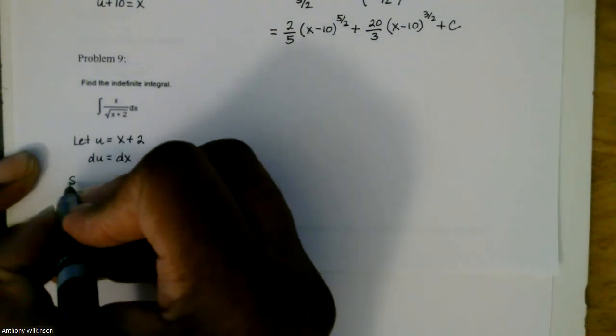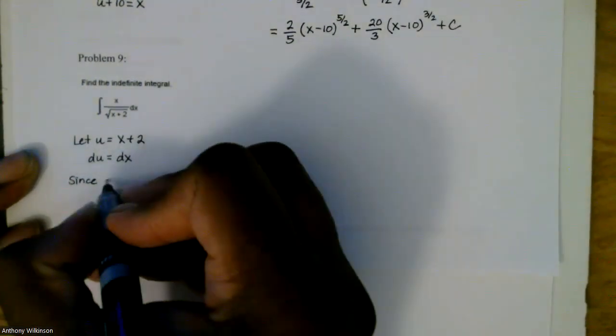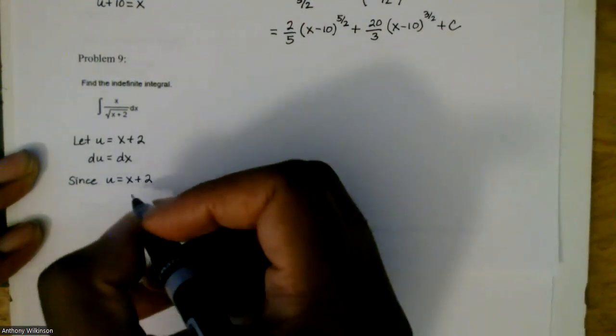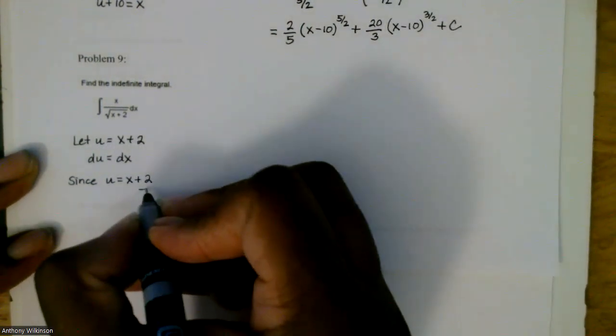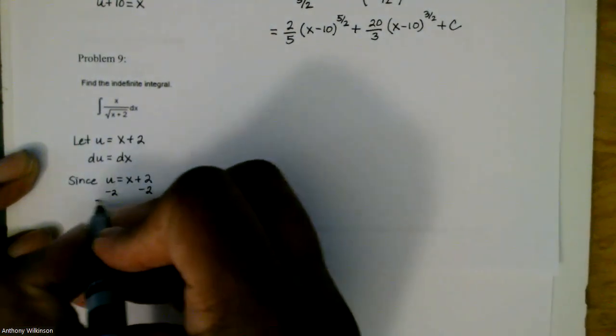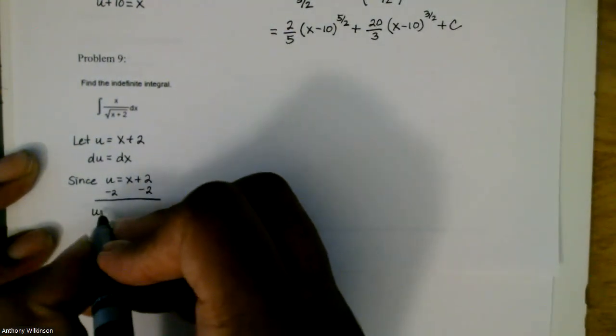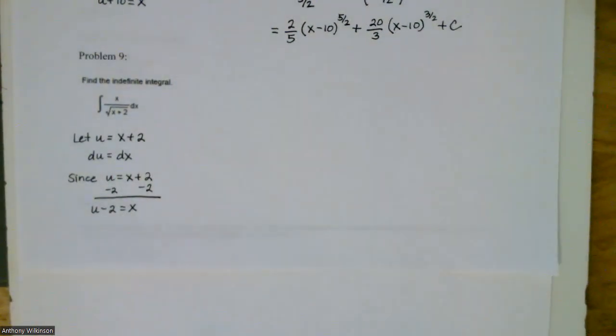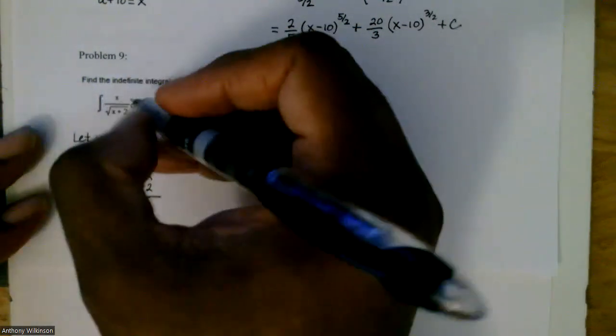Well, since we let u equal x plus 2, let's write this in terms of x. We're adding 2. We need to subtract 2 on both sides. So it'll be u minus 2 is equal to x. So now we can substitute that x with the u minus 2 in our integral.